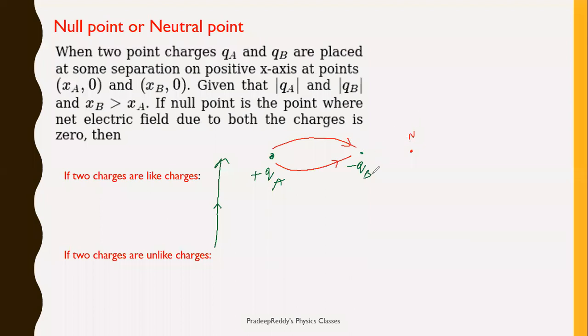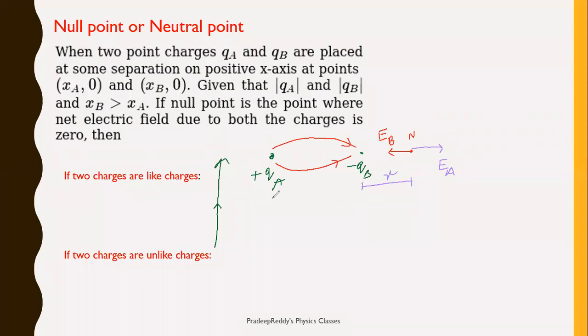Why is it so? For example, if I take this, QB will be exerting a force towards itself. This is the field due to B. Now QA will be exerting a force outward from here. This is EA. So I can find out this X value.